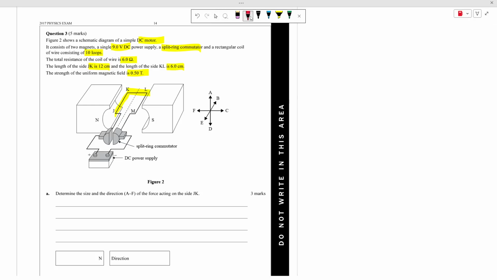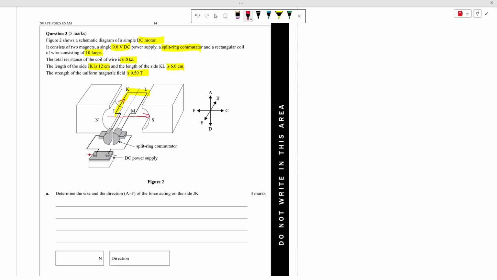So let's remember what the magnetic field is doing. The magnetic field goes out of north into south. And the current is going through JK. Well, let's follow the battery. The positive terminal is here, so the current goes around like that. So the current is going that way.